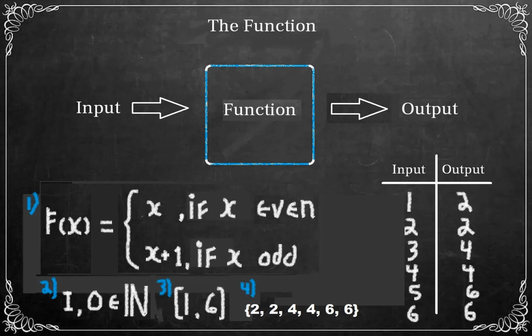Let's find the outputs. We have the first input, the odd number 1, then the machine returned 2. Then, the even number 2, the machine would also return 2, followed by 3 and 4, 4 and 4, 5 and 6, 6 and 6. At first, it might seem our machine has a duplicating issue.